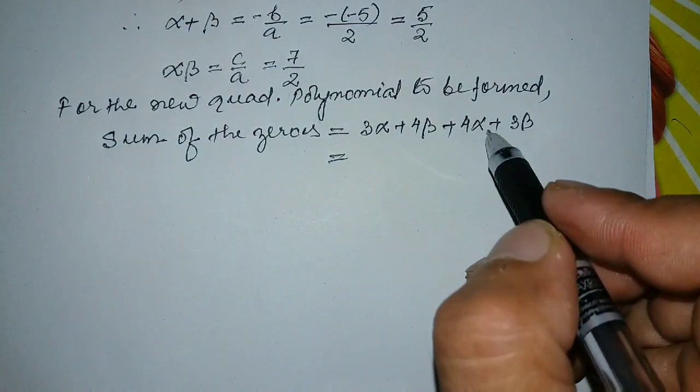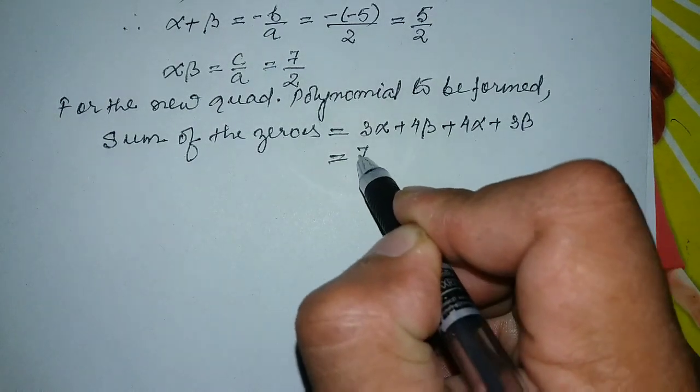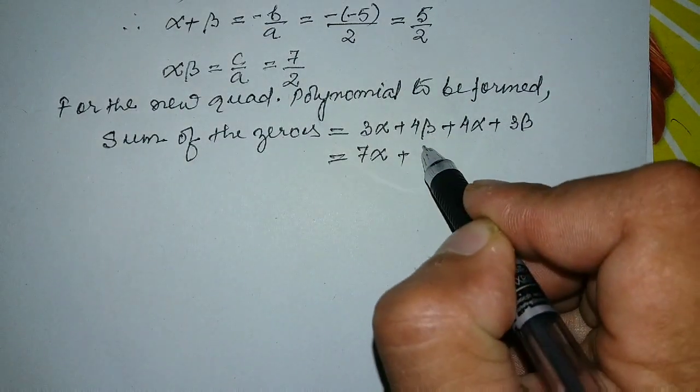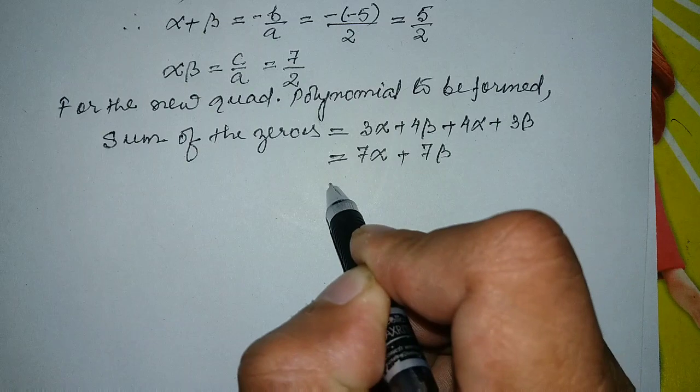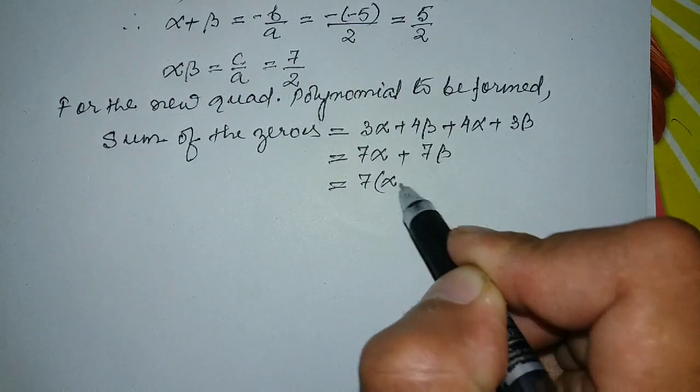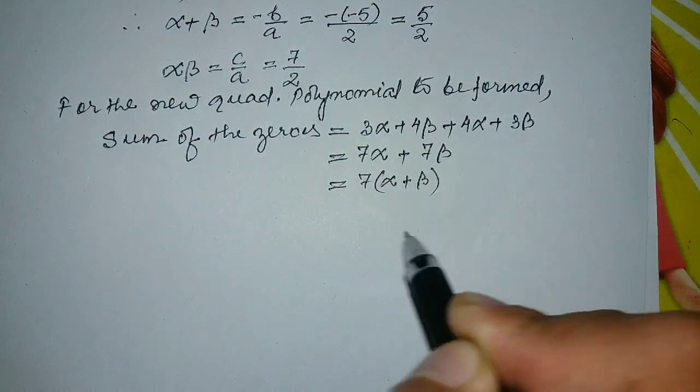Now 3 alpha plus 4 alpha, we get here 7 alpha, plus 4 beta plus 3 beta, we get here 7 beta. Now we can take 7 common. So taking 7 common, we get alpha plus beta.